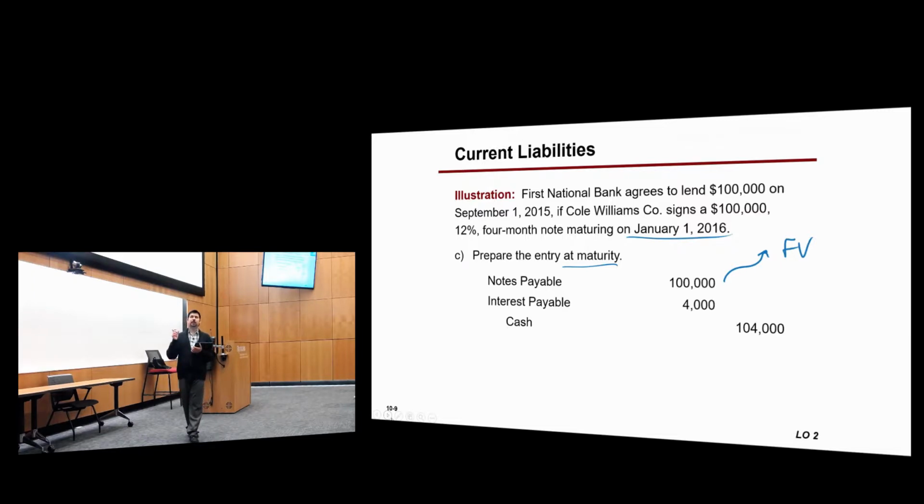At that time, you recognize the expense by debiting interest expense, crediting interest payable, because the company will not pay until maturity. On maturity date, cash will be credited for face value plus interest. Notes payable will be debited for face value, and interest payable will be debited for the interest value. Okay?